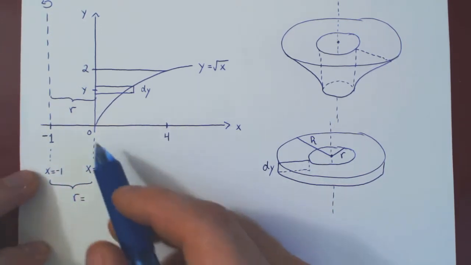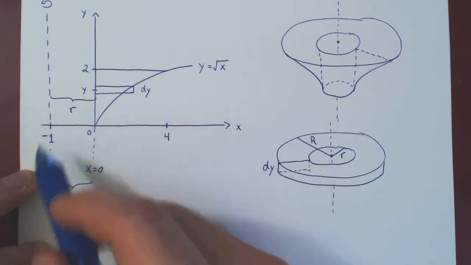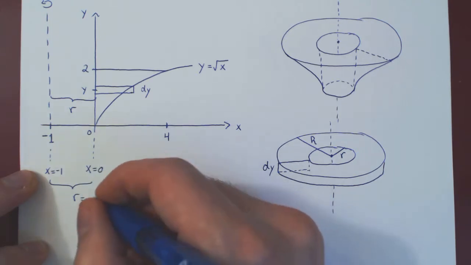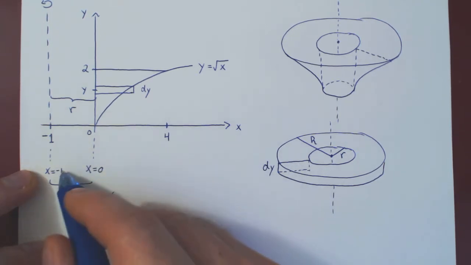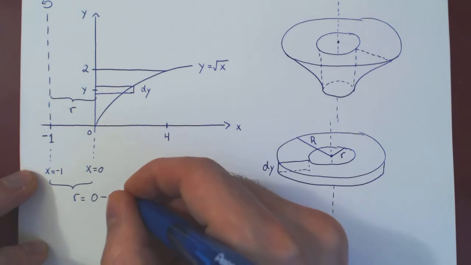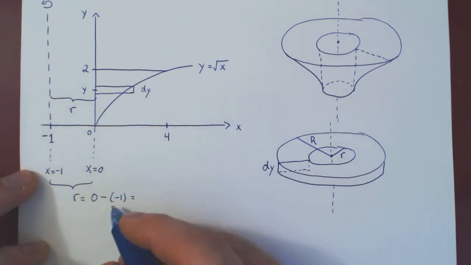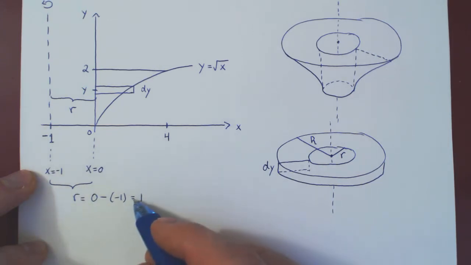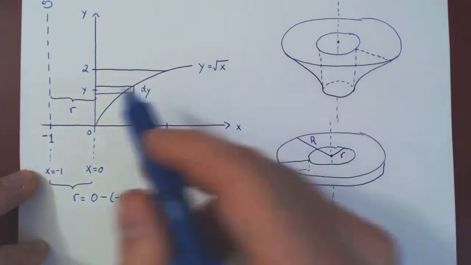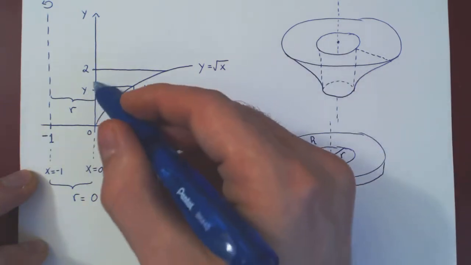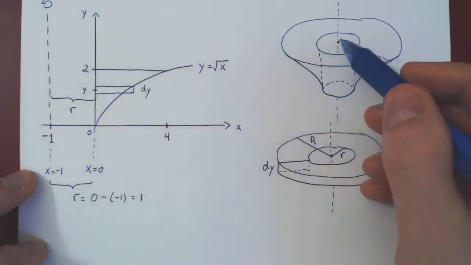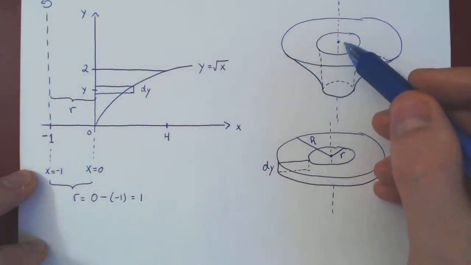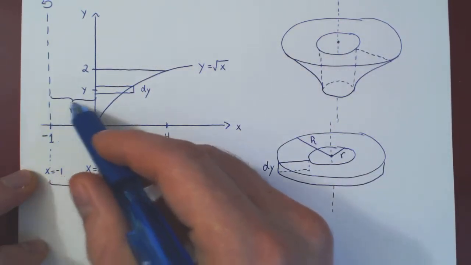And of course, now that we have the larger x value and the smaller x value, to find the length of the segment, we take the larger value and we subtract from it the smaller x value. But 0 minus -1 is of course simply +1. So we have a constant inner radius of 1. And this is clear again from the picture, as the inside of our solid here is a vertical line. So it gives us a cylinder with a constant radius of 1.